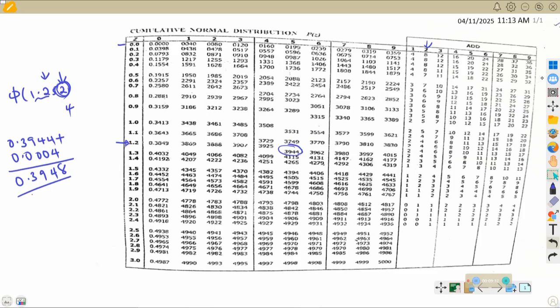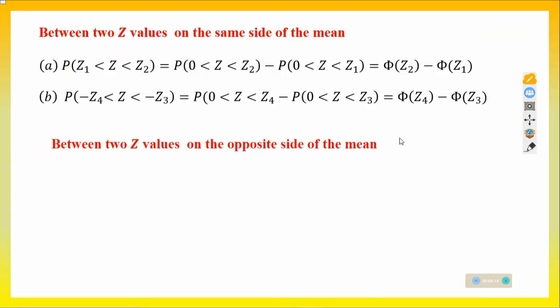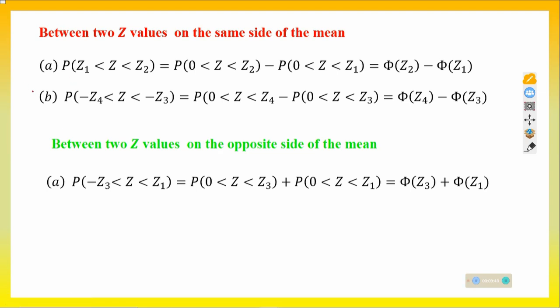Then let us look at another expression, when we have between two z values on the opposite side of the mean. For example, if you have something like this, I want us to maintain the same way. You have the probability of negative z3 less than z less than z1.